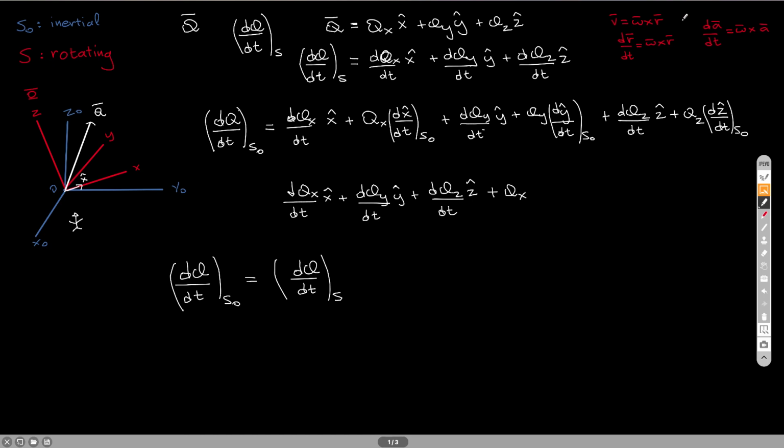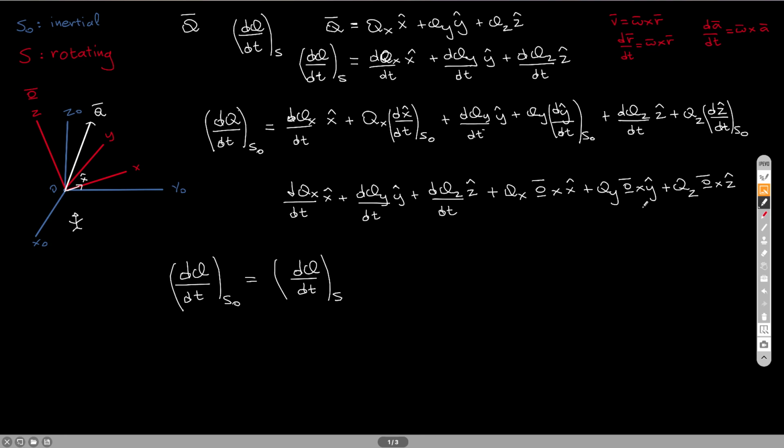qx dx hat over dt is going to be omega, well, actually, it's the uppercase omega, the angular velocity of the rotating frame of reference, cross x hat, plus qy omega cross y hat, plus qz omega cross z hat.